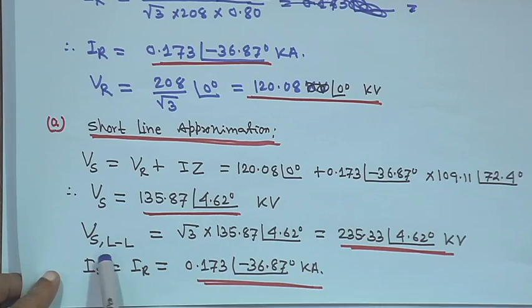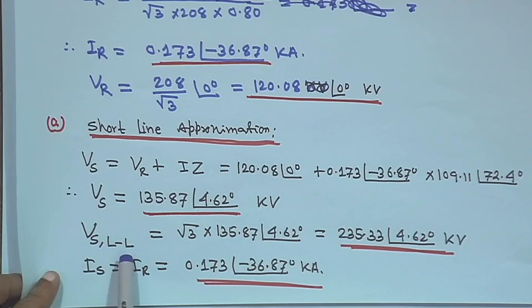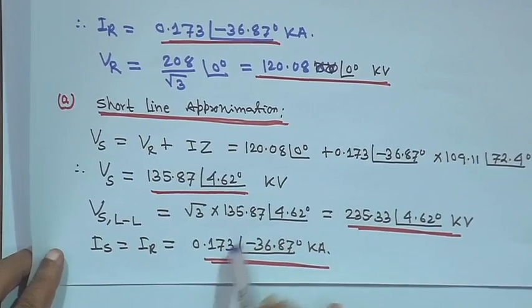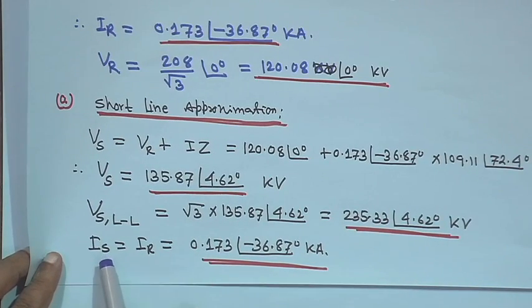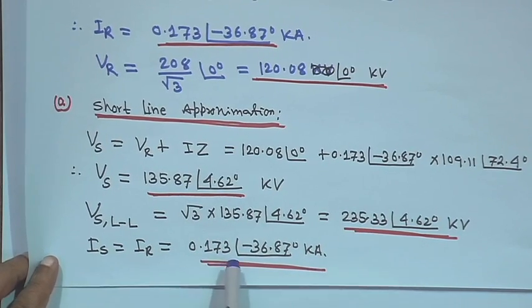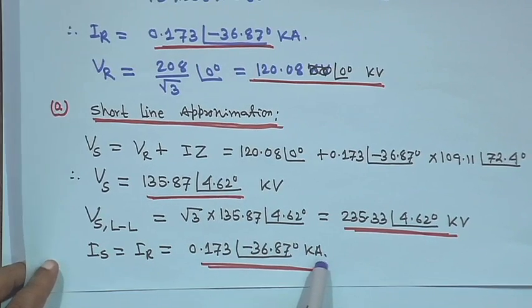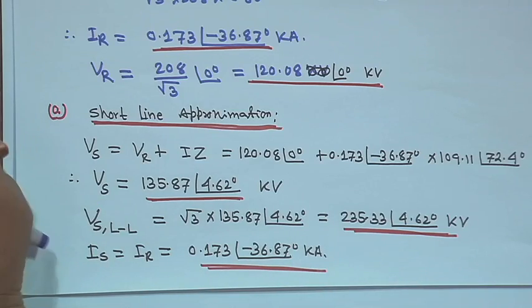Therefore, sending end voltage line to line, multiply this by root 3, you will get 235.33 angle 4.62 degree kV. And for a short line, sending end current is equal to receiving end current, which is 0.173 angle minus 36.87 degree kilo ampere.